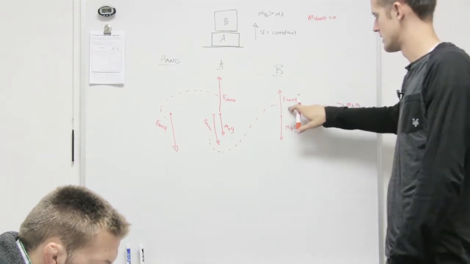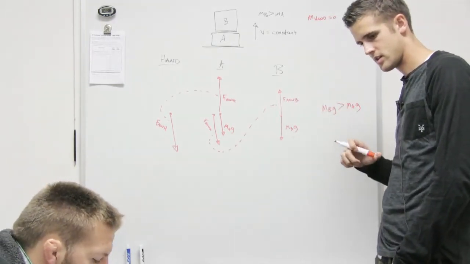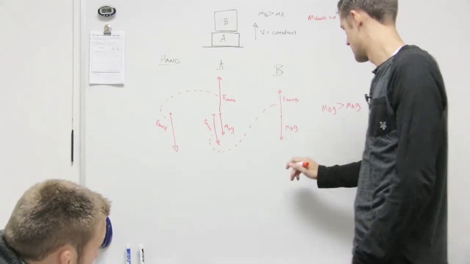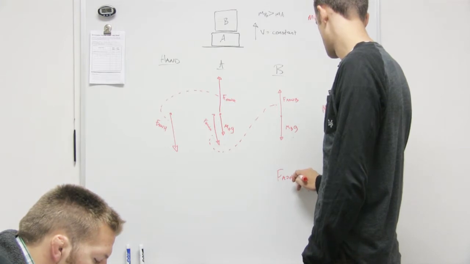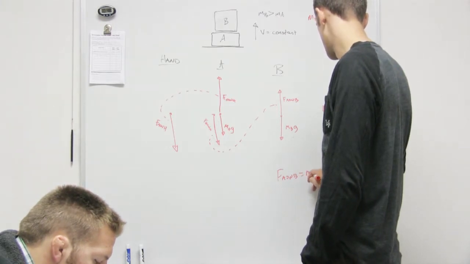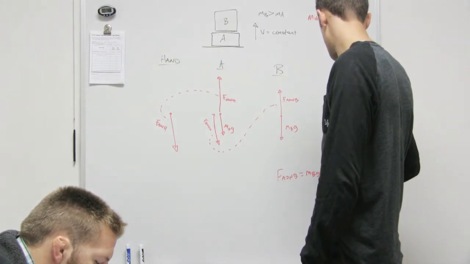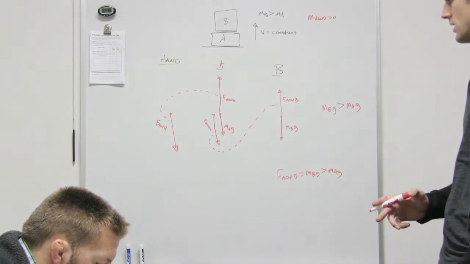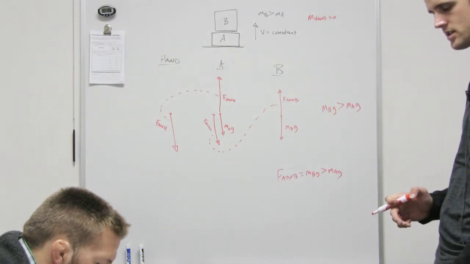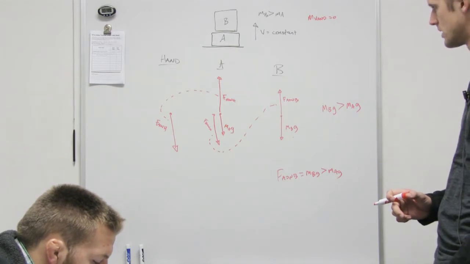A on B. So if you're just looking at the free body diagram for B, FA on B would equal MBG. Okay, so you got FA on B equals MBG, which is greater than MAG.